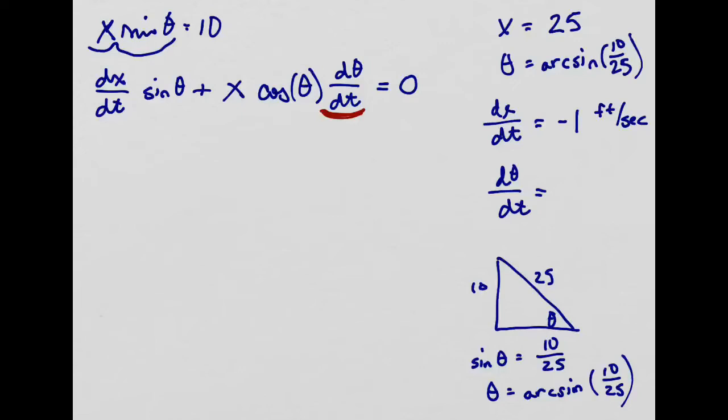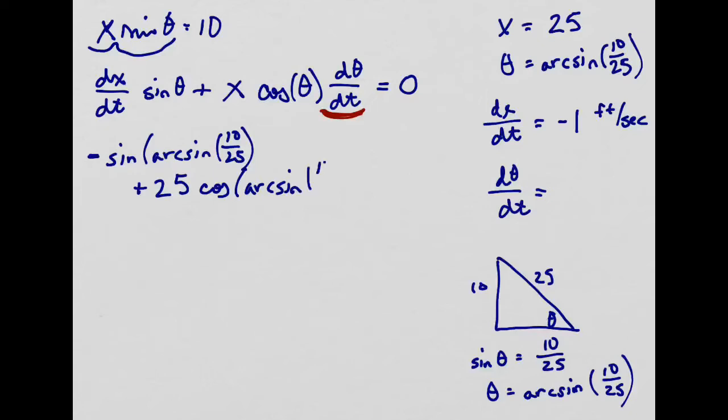And so whenever I plug this in, we get dx dt is minus 1, so that's negative sine of theta, which is sine of arc sine of 10 over 25, plus, and I'm going to go down, I don't have enough space, 25 cosine of arc sine of 10 over 25, times d theta dt is equal to 0.